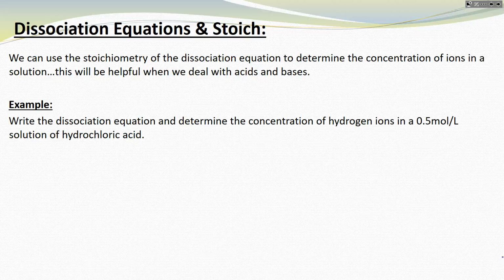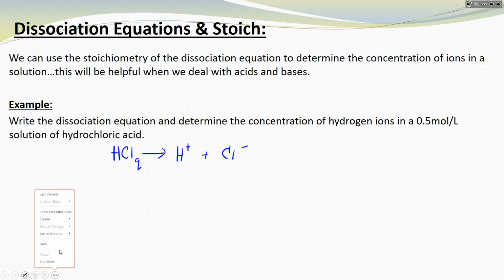HCl. And when we dissolve HCl, we're going to make H plus ions and Cl minus ions. Now, if I'm going to include states, hydrochloric acid is not a liquid, it's actually a gas.